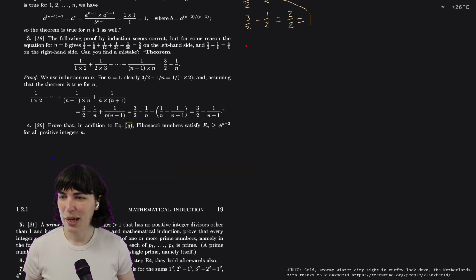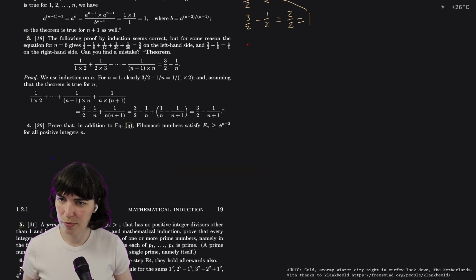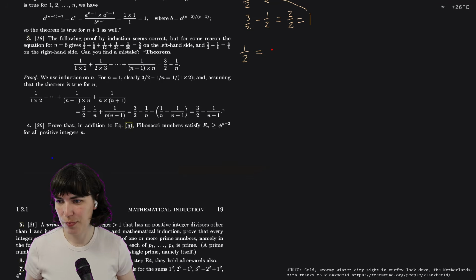Yeah, let's take it from n equals 1 to n equals 2. So we've got 1/2 equals 3/2 minus 1.